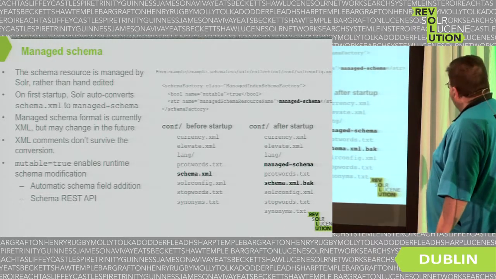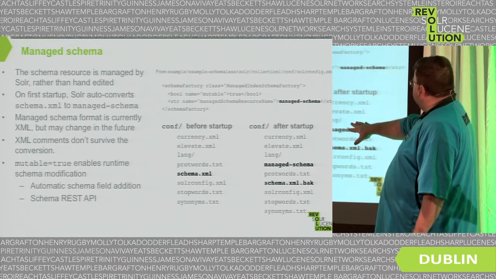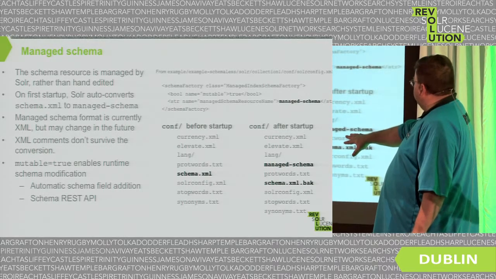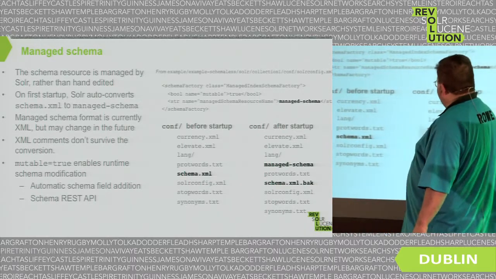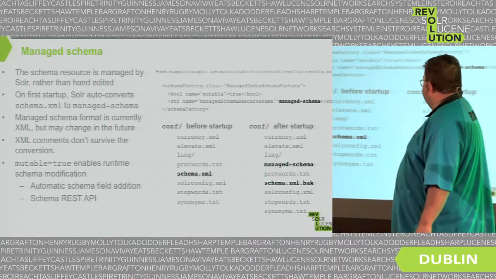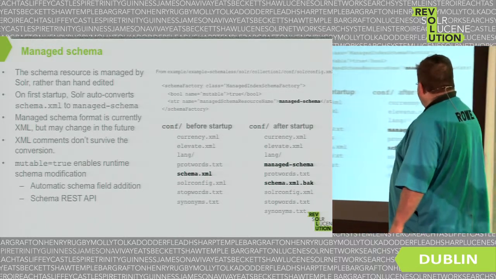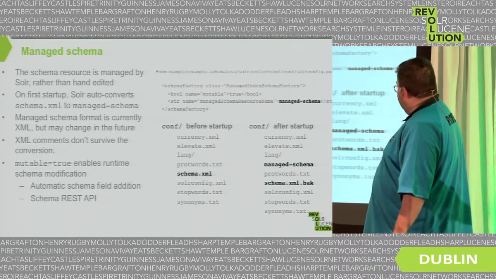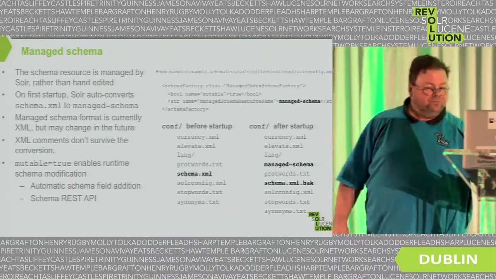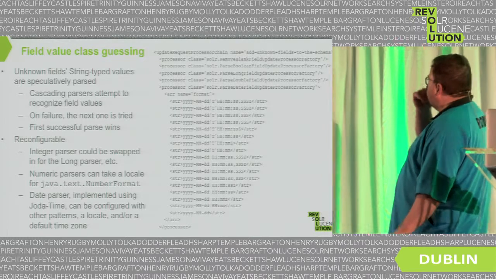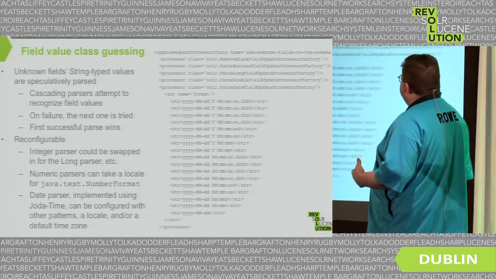So this is just a listing of the configuration directory before startup when you've enabled the managed schema mode here in solrconfig.xml. So initially a schema.xml file exists. Then it gets renamed with .back, and the converted file managed schema is in its place. This is awfully small. I hope people can see it.